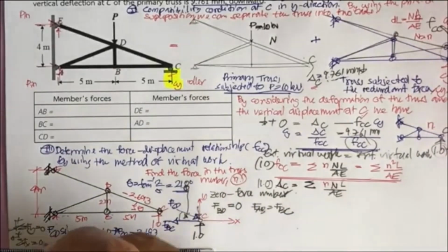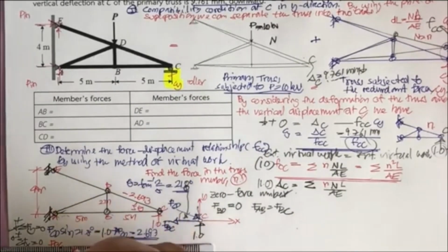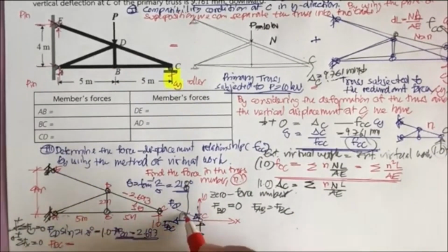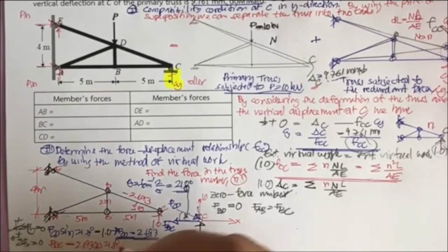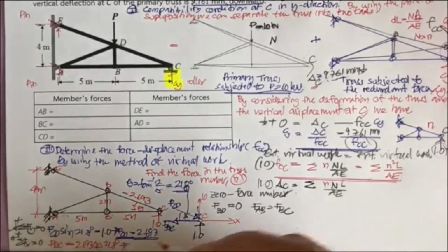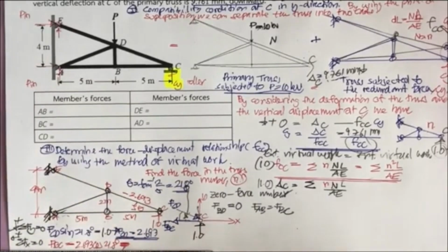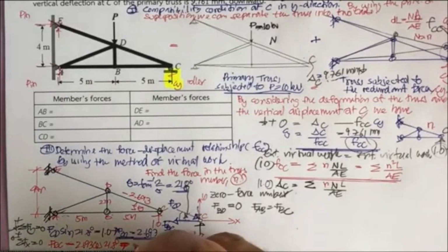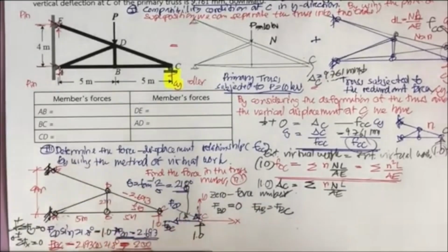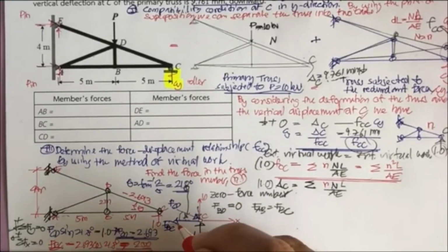So you have F sub BC in this one, and it's going to equal to this guy, 2.693 cosine 21.8 degree. And now you just put into your calculator, you will get this one of 2.50. Okay, this is for F sub BC, and it's going to be in tension.